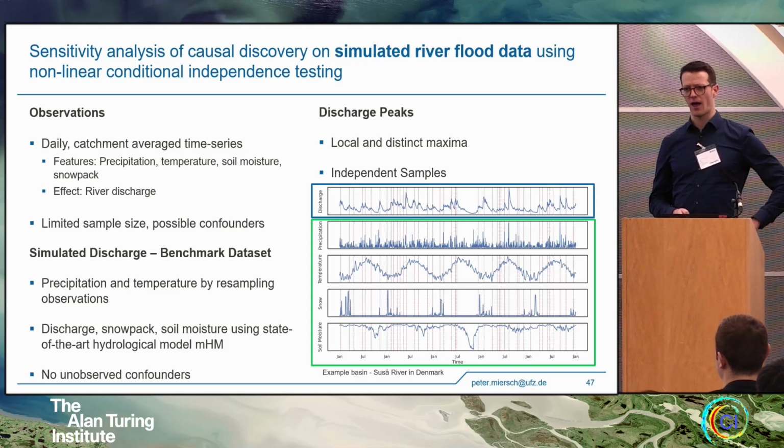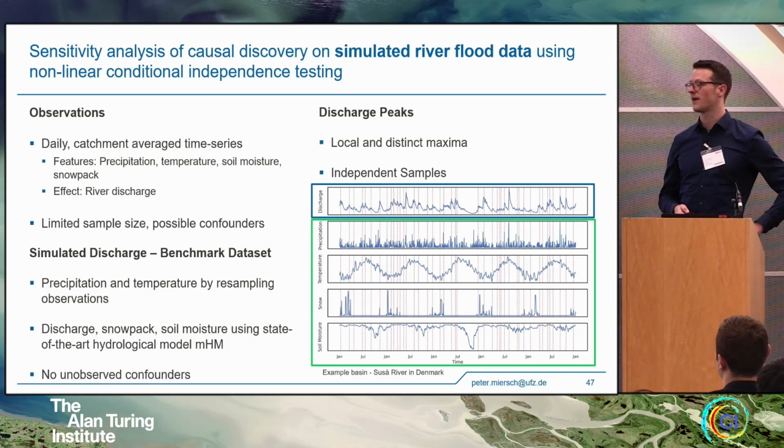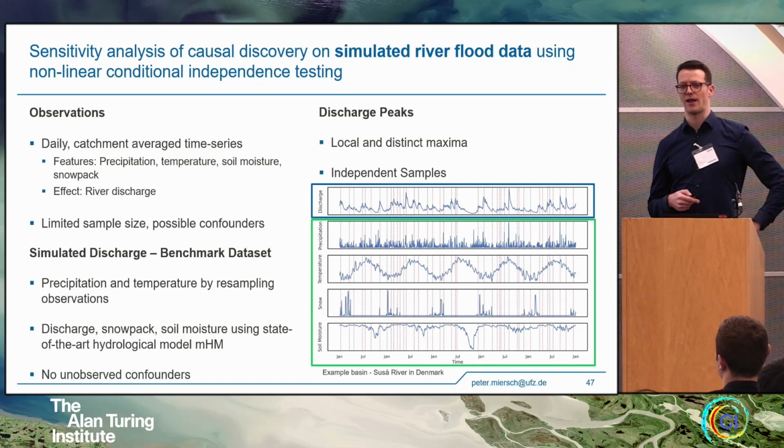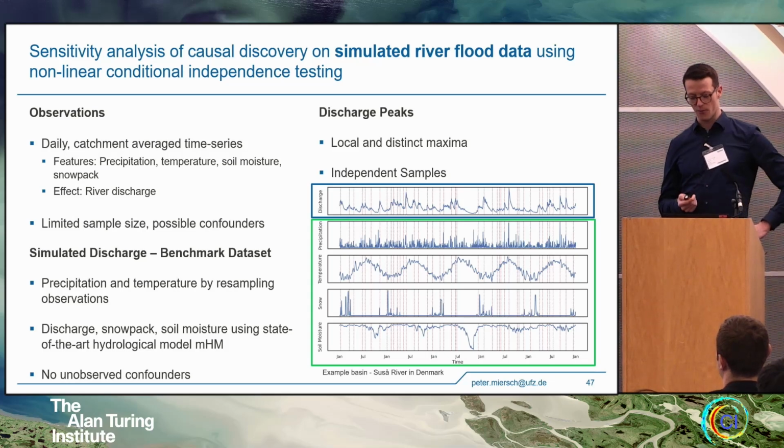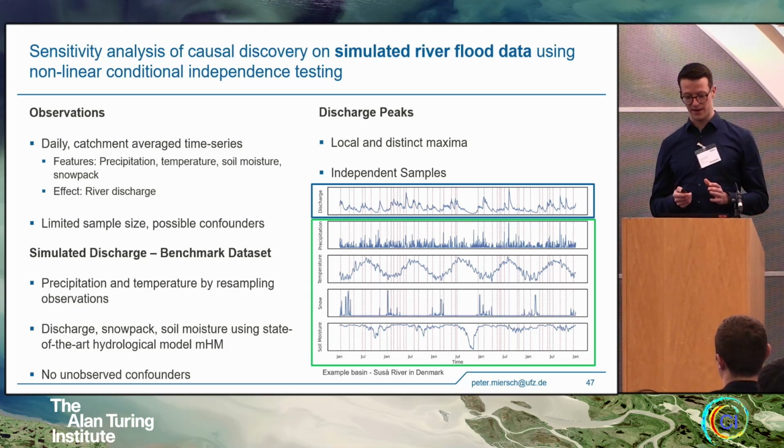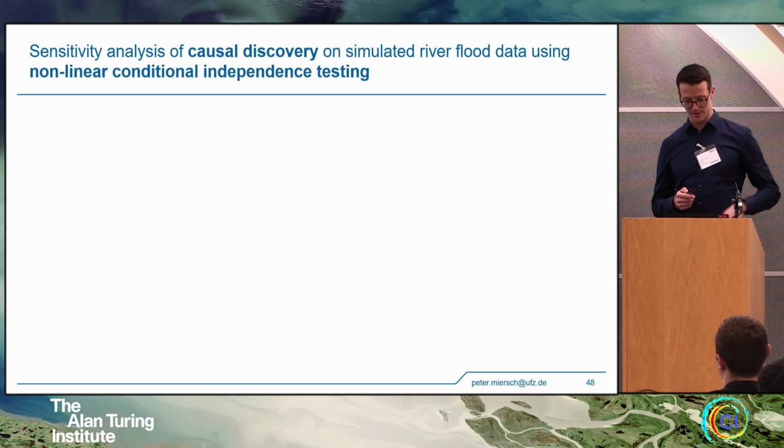And then I want to study river floods. So I want to look at discharge peaks, only at the tails of these distributions. And while the definition that I use is not per se an extreme flood, I want to look at local distinct maxima that are then independent samples of high discharge events.